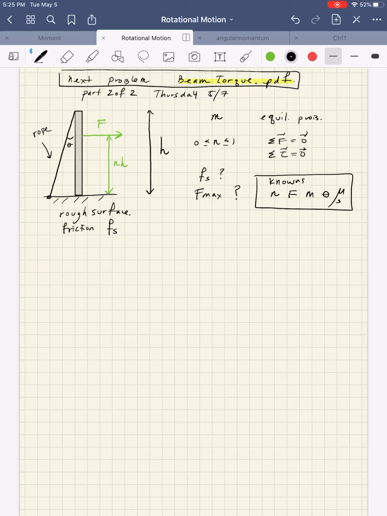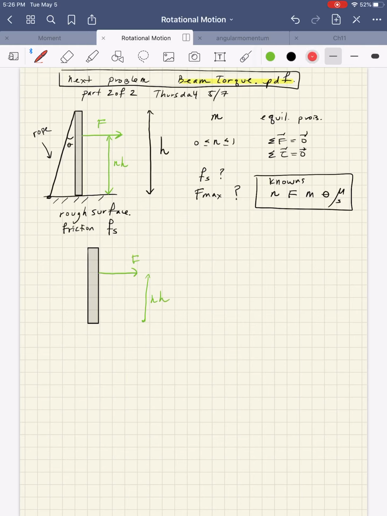Okay, so we have our conditions here: no translation, no rotation. And to begin, I'm going to do what you should always pretty much do for these kinds of problems, which is to start by performing a free body diagram. Now, we already have our force here, F, acting, as we said, at some height of nh above the bottom.